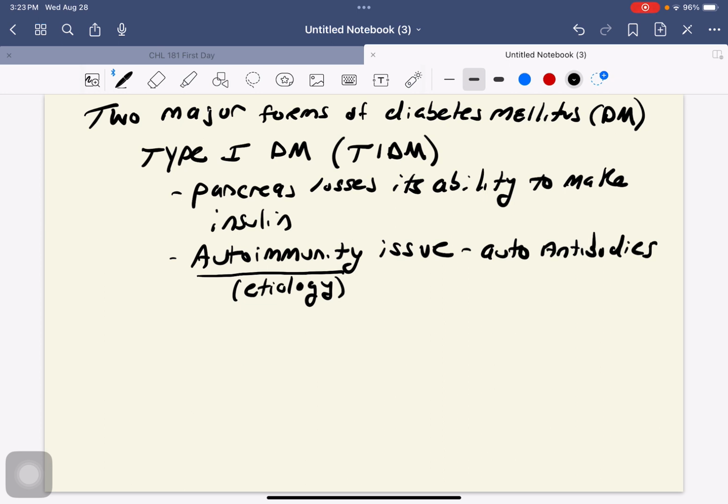So what seems to happen here is that the immune system begins to make autoantibodies that target the cells we talked about before that are responsible for making insulin, right? They target these beta cells in the islets of Langerhans, so these islet cells.